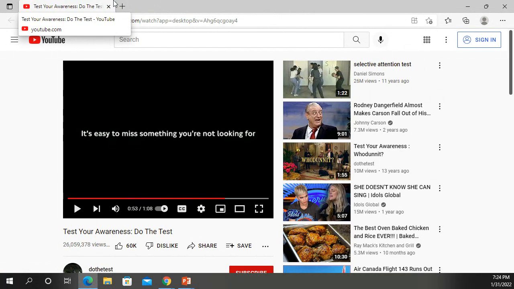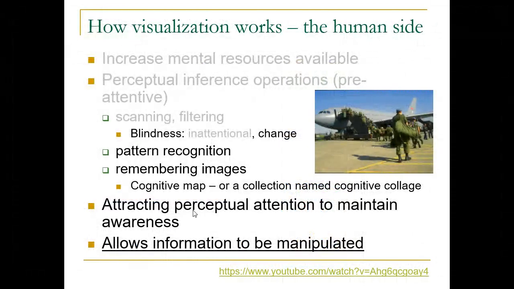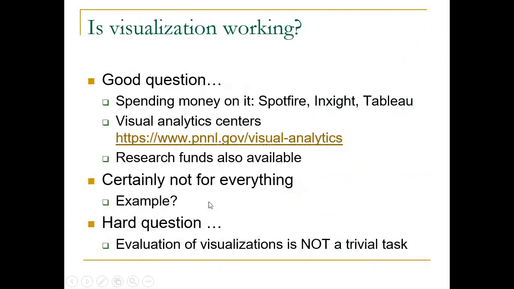And again, it has more to do with animation than with changing visualization, than necessarily with static. So that's the tracking of perceptual attention, and it allows us to manipulate information in the sense that I can change it, I can move it. Sometimes I can grab objects and change what they're doing, put them together, and so forth. That's one advantage.